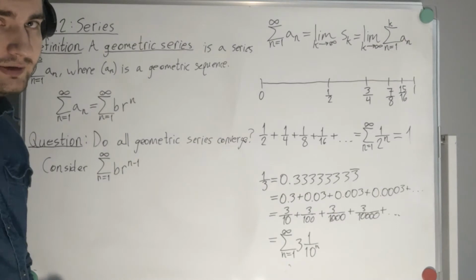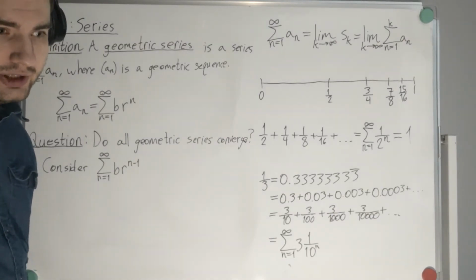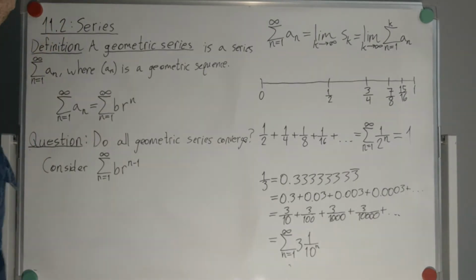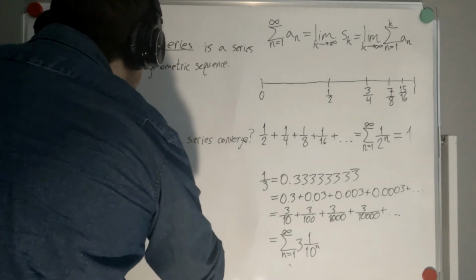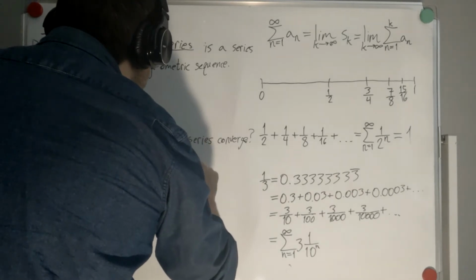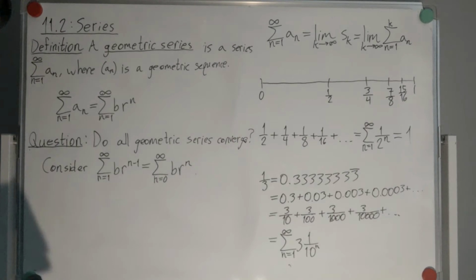You might be a little bit concerned why there's an n minus 1 rather than an n, and that's because you can change the form of it to make it look like that. Note that this is exactly the same thing as the sum from n equals 0 to infinity of b times r to the n. Okay, so those are the same thing.